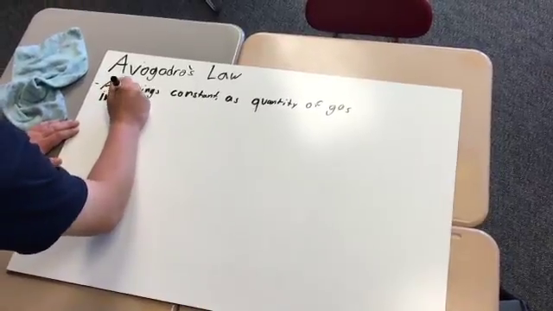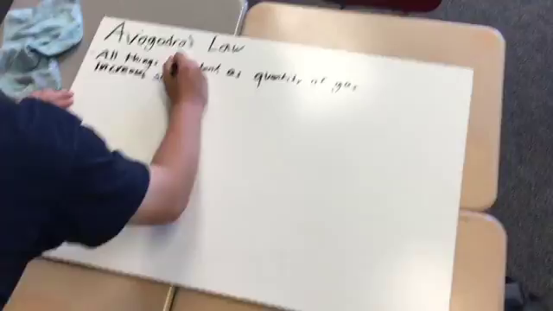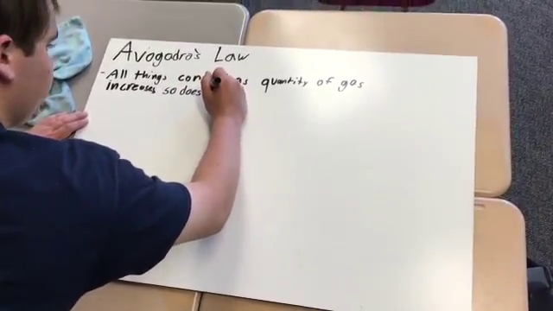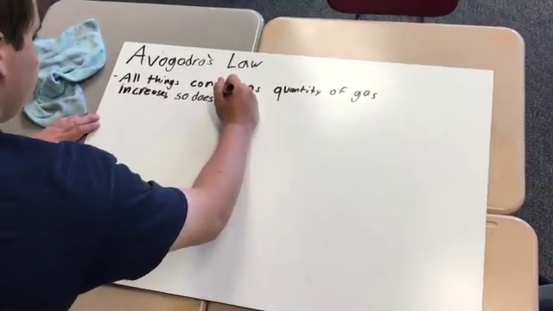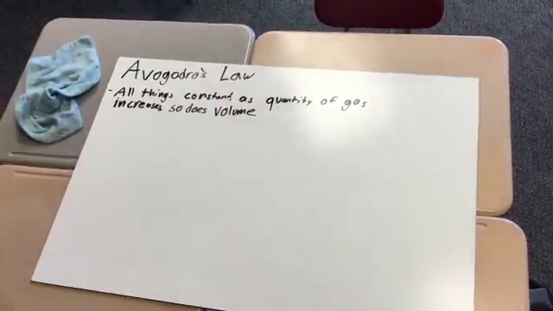This makes sense because as you increase the number of molecules, more collisions are happening. So in order to keep pressure constant, the molecules must be more spread out. To make them more spread out, volume must increase.